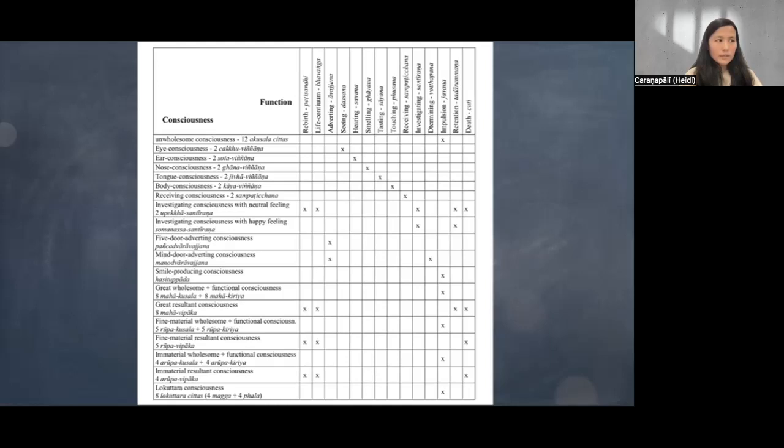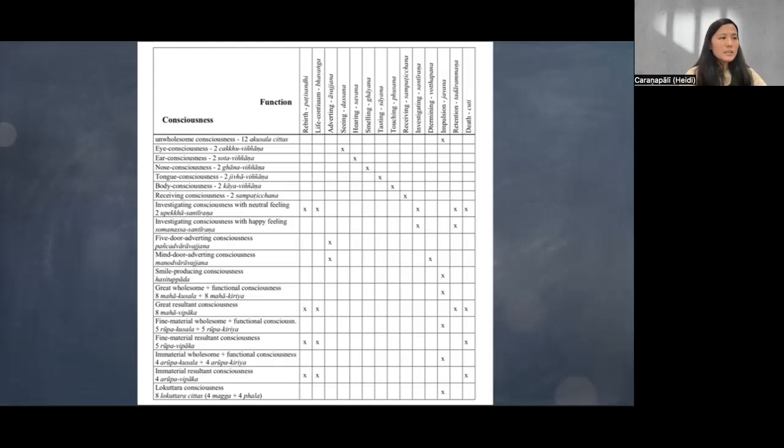During the absolute jhana moments, like one is in the first or second jhana, will there be other types of consciousness? Will there be a bhavanga citta or Tadarammana or other cittas?